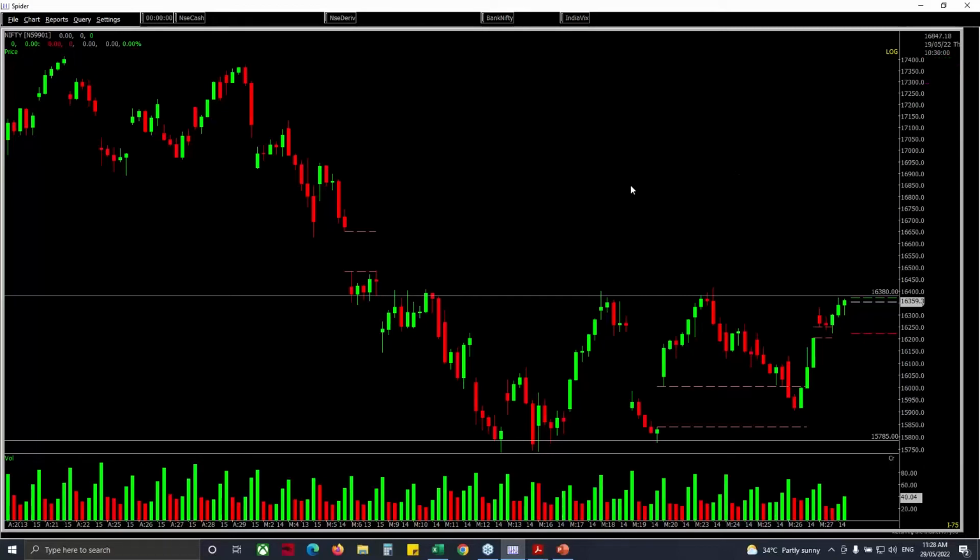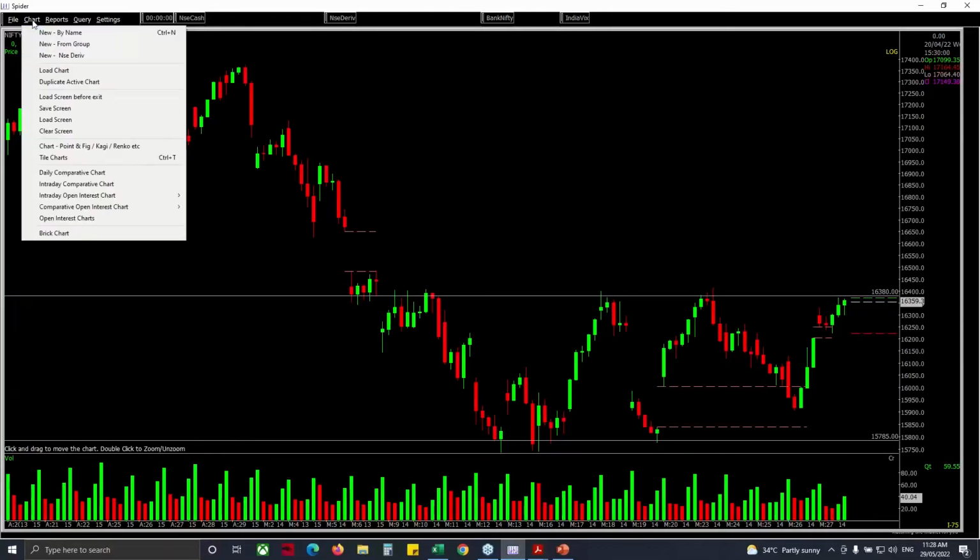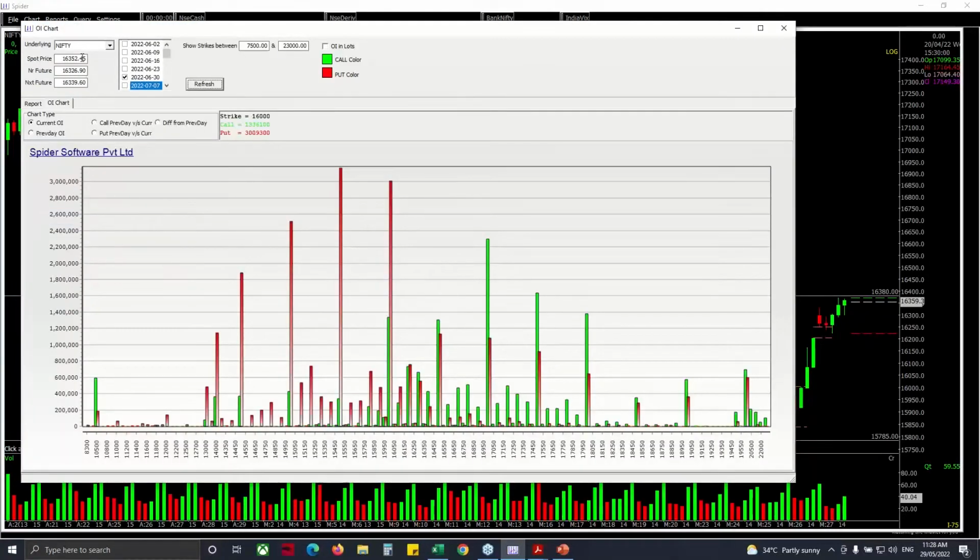Before going any further on Nifty, let's discuss a bit about the open interest data, which will give us a clear-cut view of how the pro traders or market makers are positioned. Firstly, we will have a quick look at the monthly open interest on Nifty, which is expiring on 30th of June.